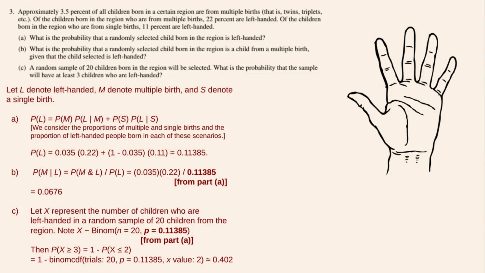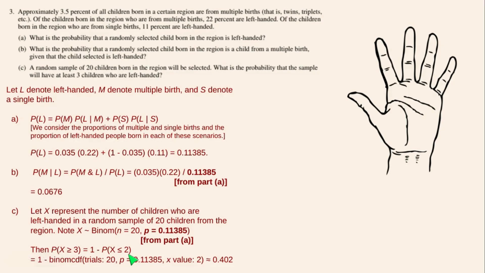That we found in part A. Then the probability that X is greater than or equal to 3 is equal to 1 minus the probability that X is less than or equal to 2. So we can use the complement of the event here.